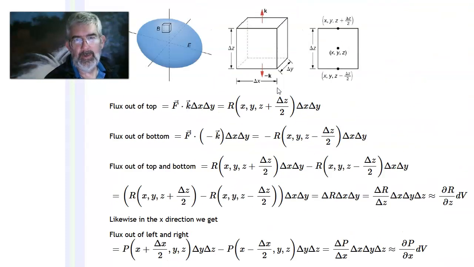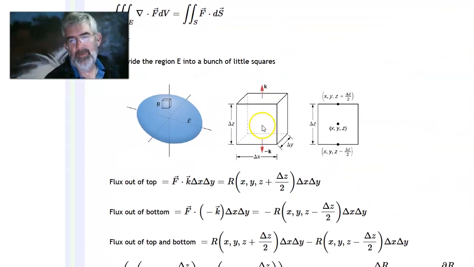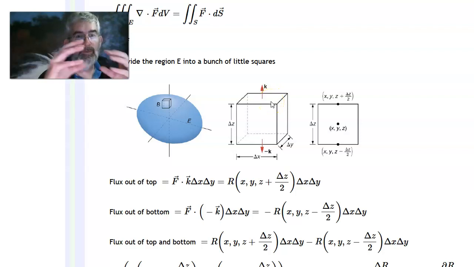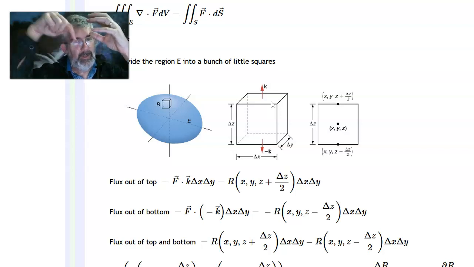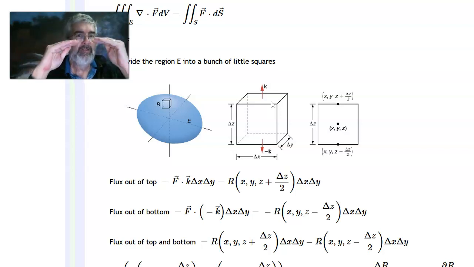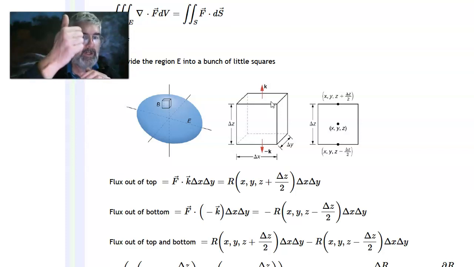And going back up to here, this cube is using k as the normal vector for that top face. But if you had another cube sitting on top of that, then the outward normal for that cube would be minus k. So that face is having its surface integral done with one vector for the bottom cube and the opposite vector for the top cube. And by just switching that vector around, you're going to change the sign of the result.